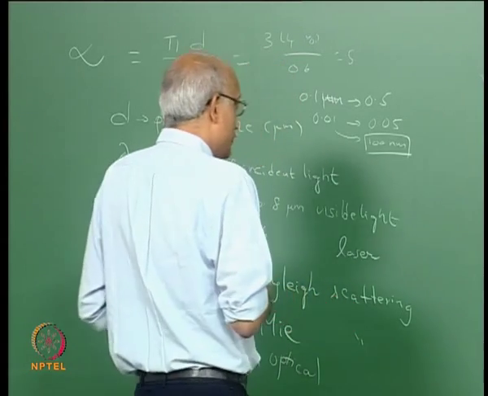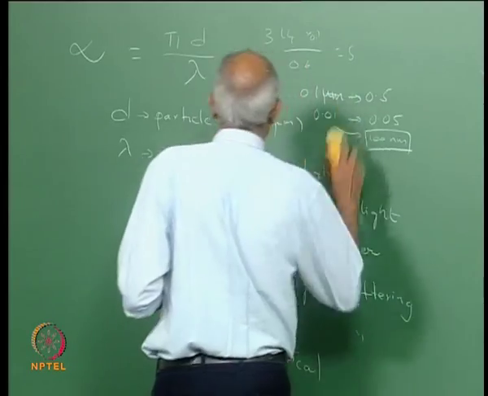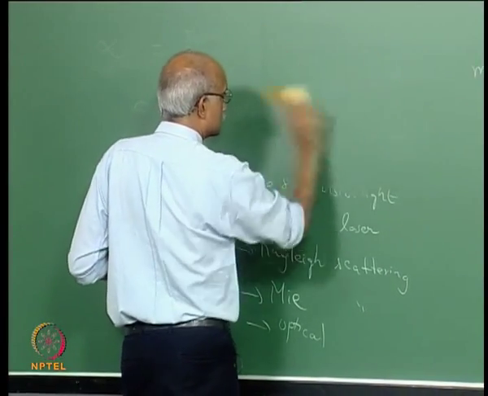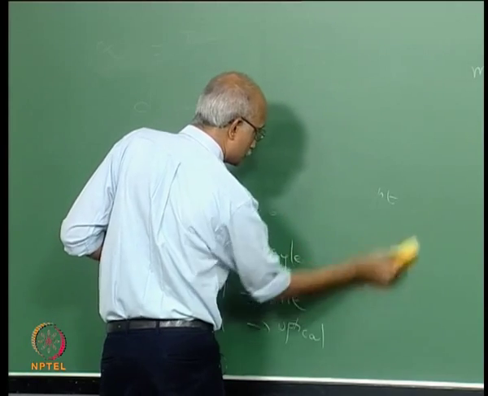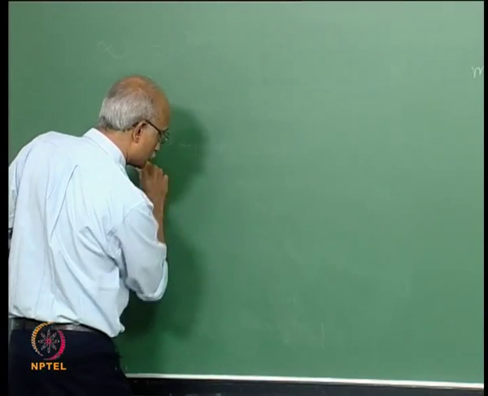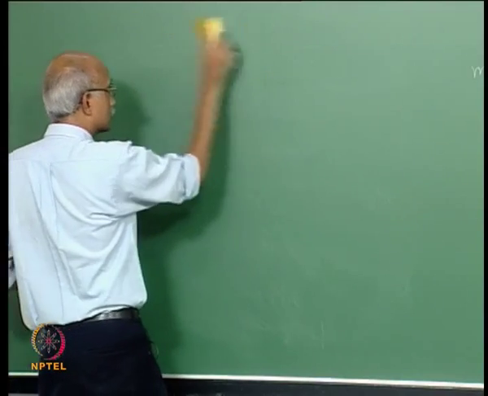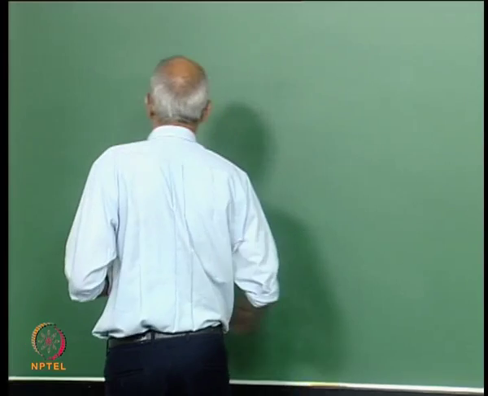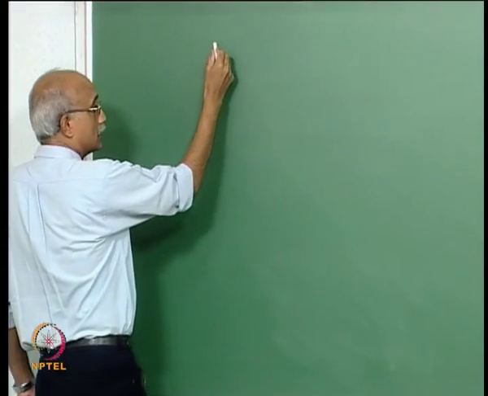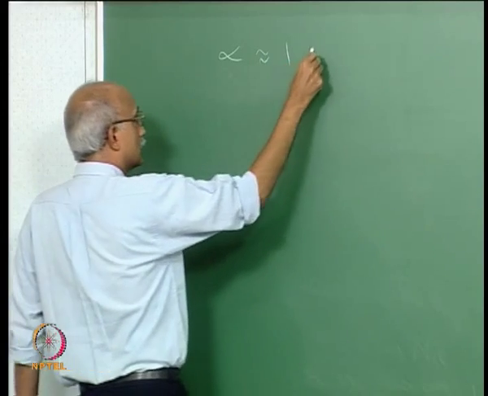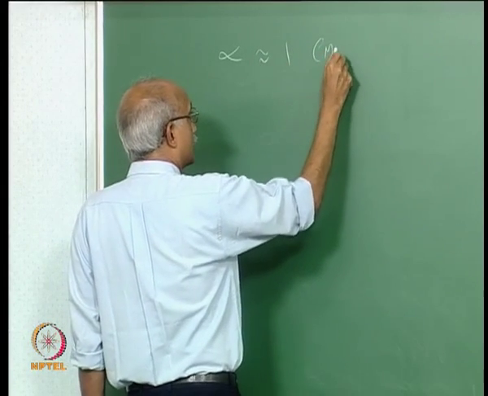Let us consider the Mie scattering regime next. So, when alpha is roughly equal to 1, we call this the Mie scattering regime.